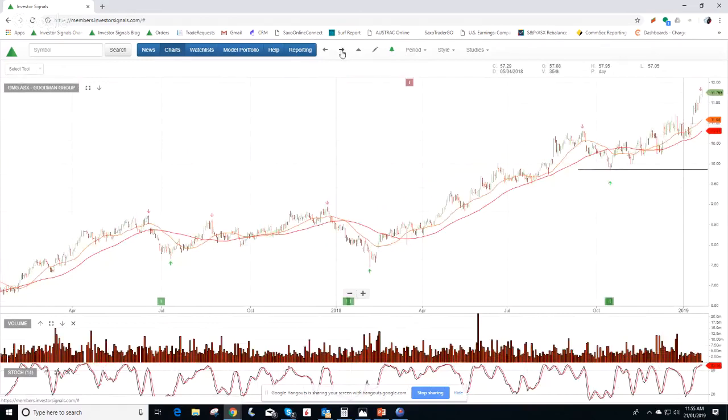Goodman Group, so property trust. Goodman's expensive relative to the other property trusts. It does deliver a slightly better growth profile. They're growing earnings at about 8%. They're really a global logistics property trust, so they focus on distribution centres for, in a lot of cases, online fulfillment centres.